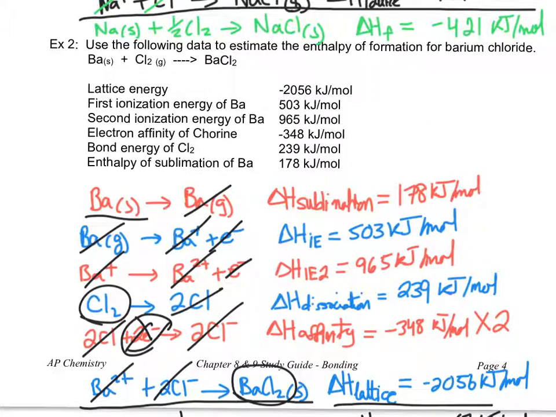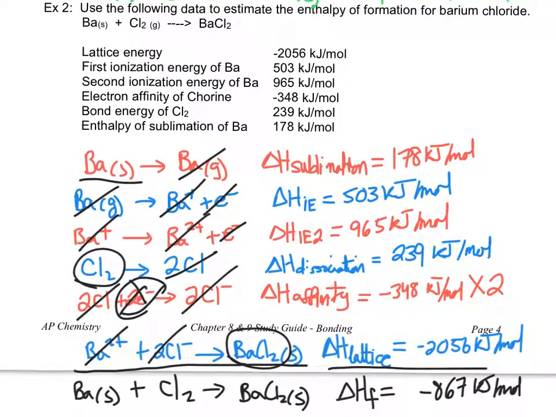It's not necessarily that these things happen in this order, but these are steps that if we add them up, we would get the formation equation, and therefore, if we add the delta H's, we would get the delta H of formation. So it's a way to calculate things. It's not necessarily how these ionic substances actually form.